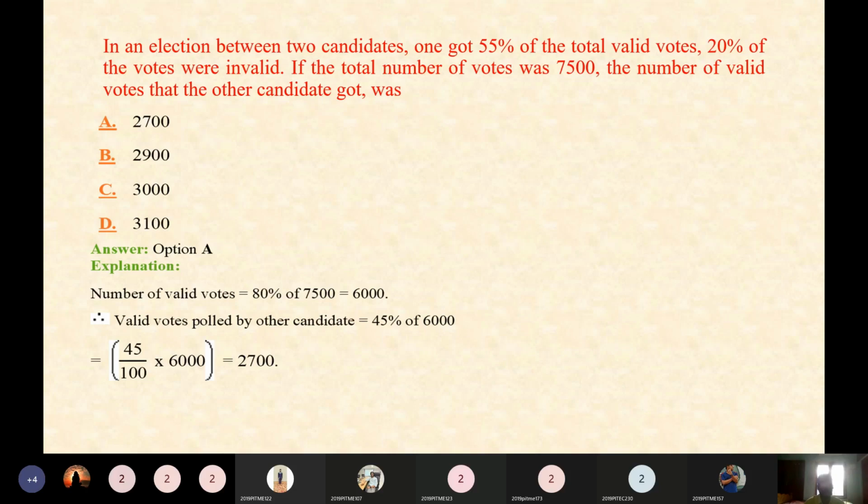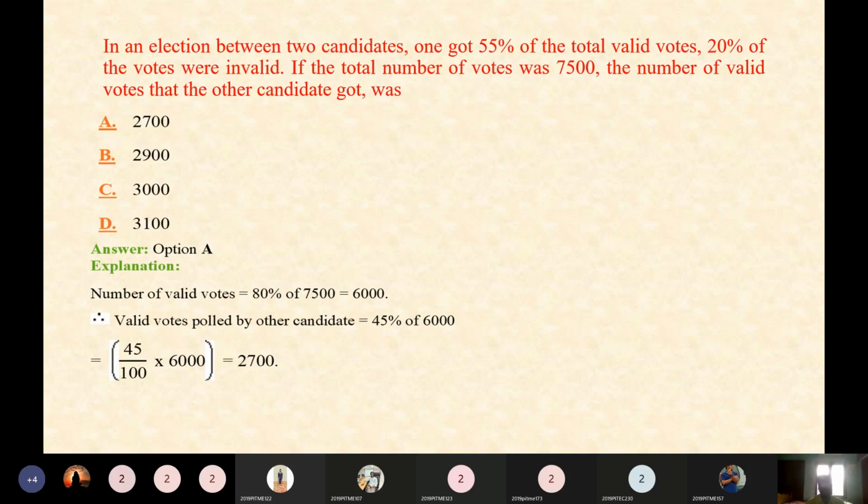If the total number of votes was 7,500, the number of valid votes that the other candidate got was. So there are two persons contesting the election. One person got 55% of the total valid votes, and 20% of the votes were invalid. The total number of votes was 7,500.